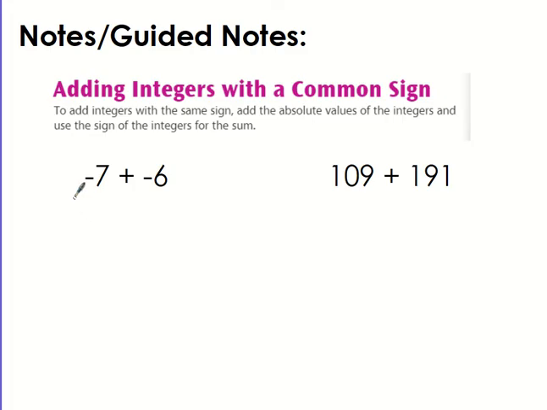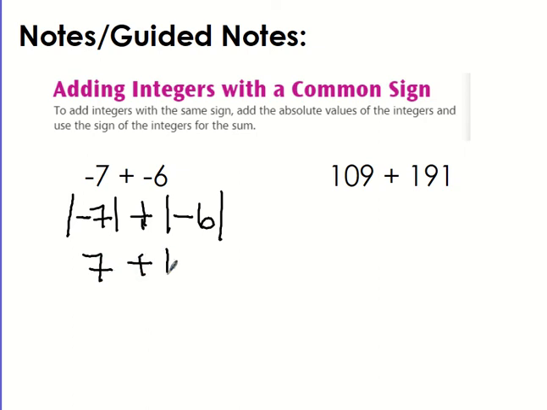All right, so in long terms, it's the absolute value of -7 plus the absolute value of -6. The absolute value of -7 is 7 because it is 7 away from 0. And the absolute value of -6 is 6 because it's 6 away from 0.